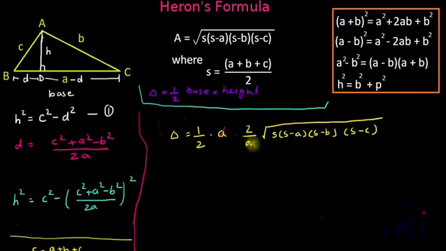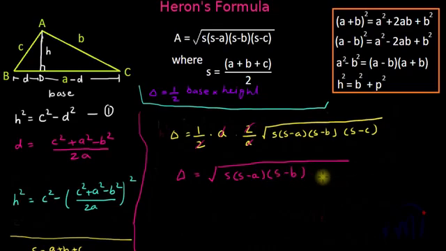This a will cancel this a, and this 2 will cancel this 2, and area of triangle will be equal to square root of s into (s minus a) into (s minus b) into (s minus c).